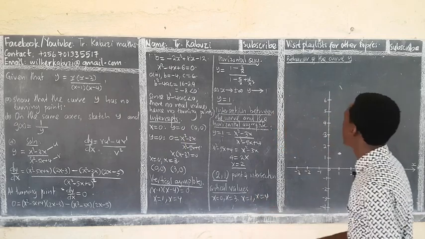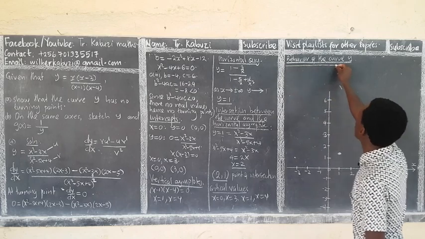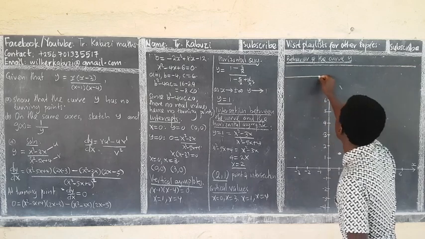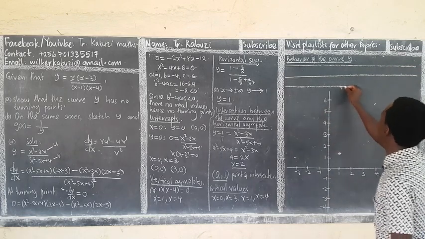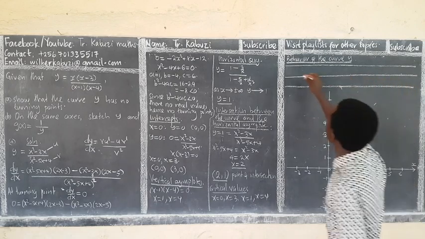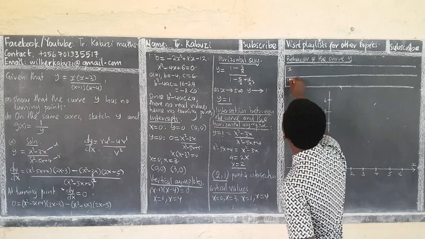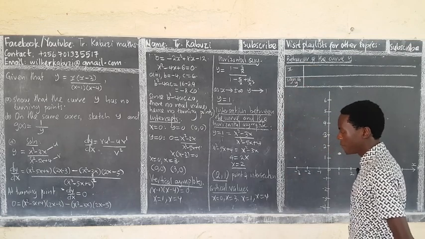Now from there, we arrange them from small to big, then we analyze them. So you draw a simple table there for analysis. Here I put the x, then here I put the sign of y. You know what our y is. So you arrange them in order.